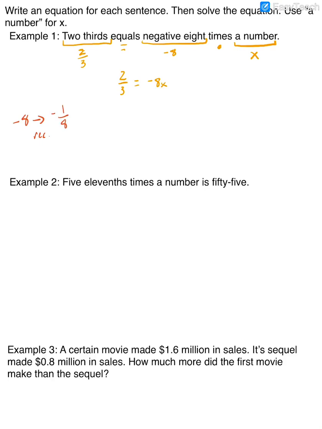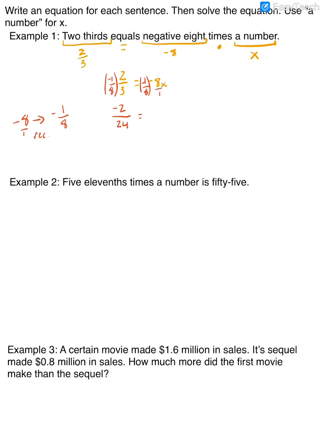So you keep the sign, but you're flipping the fraction because it's like negative 8 over 1. You flip the top to the bottom and the bottom to the top, so that now I get that on both sides. So that gets me negative 1 times 2, which is negative 2. 8 times 3 is 24.